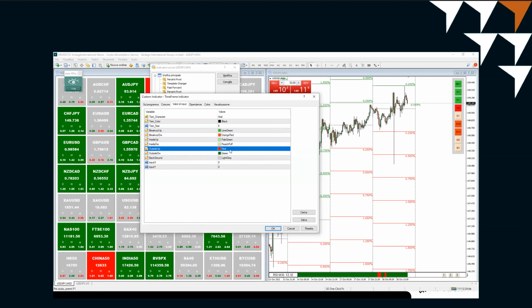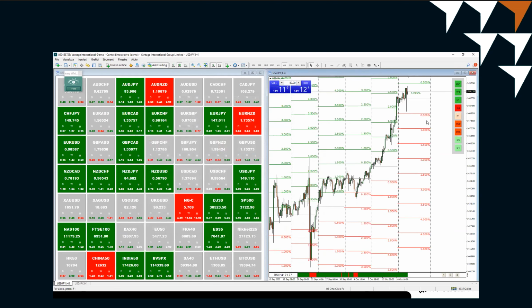And then we have red and green, which tell you when you're looking at a break-in pattern, a false breakout. Red highlights the false breakout of the previous high, a potential reversal to the downside, and green tells you about the false breakout of the previous low.